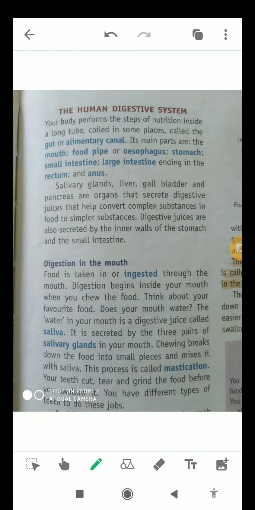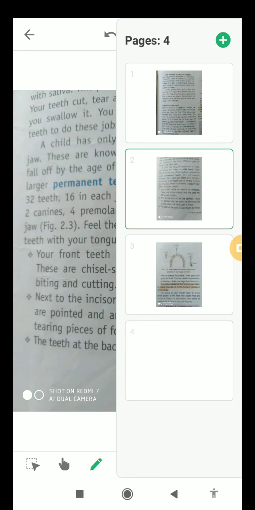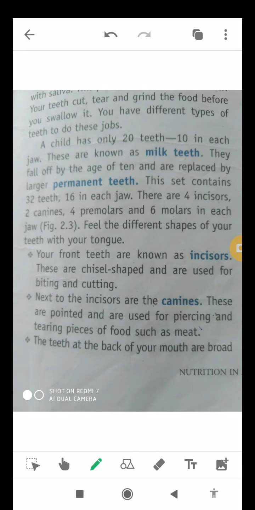Your teeth cut, tear, and grind the food before you swallow it. You have different types of teeth to do these jobs. Now we'll talk about the types of teeth. As we all know, a child has only 20 teeth, 10 in the upper jaw and 10 in the lower jaw, and that's why these teeth are also known as milky teeth or temporary teeth.